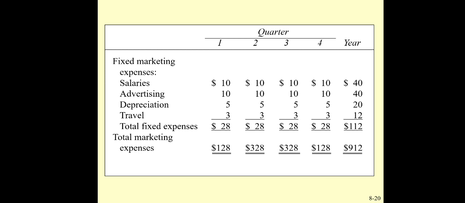Salaries 10,000, advertising 10,000 per quarter, depreciation is 5,000 per quarter, travel is 3,000 per quarter.